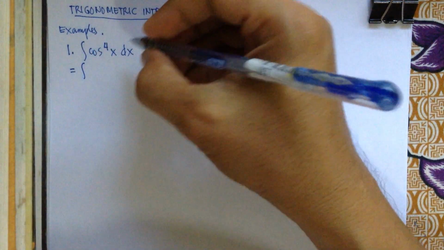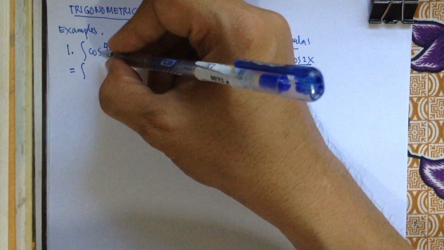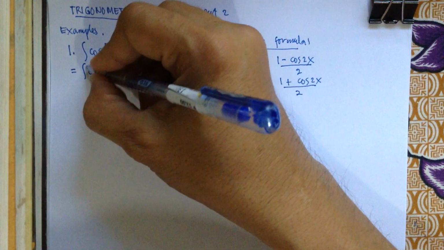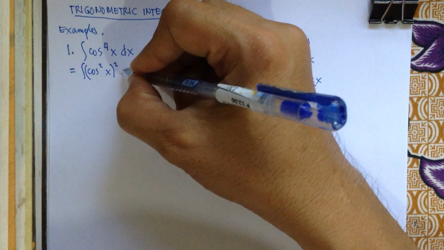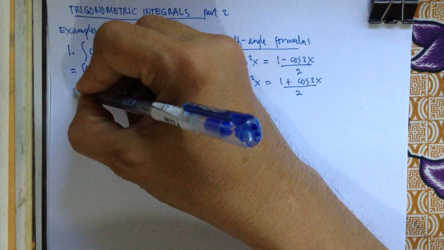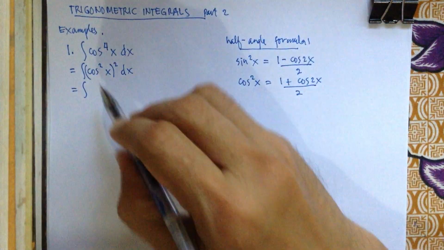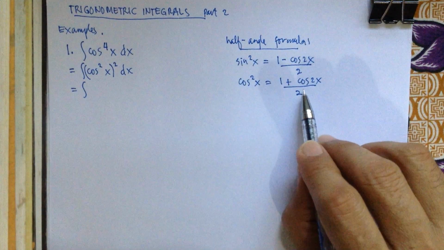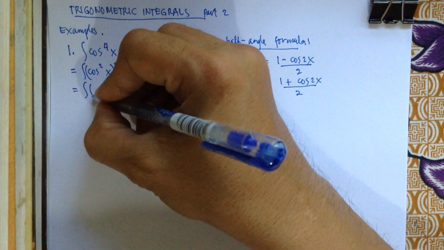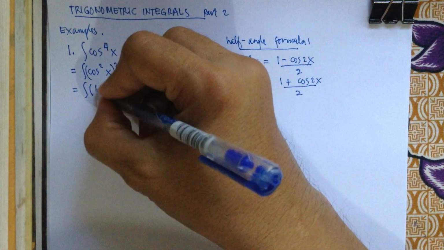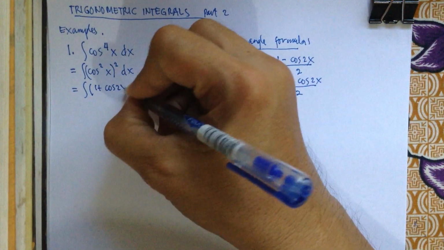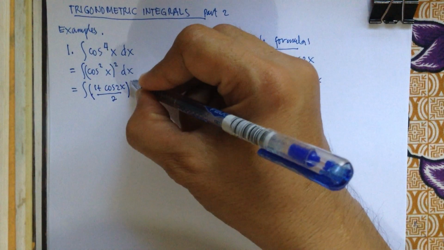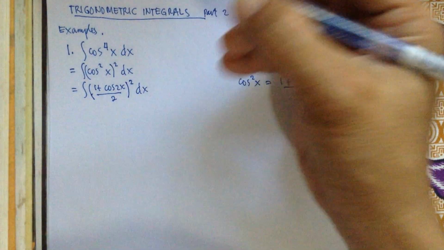First thing you do is of course express this as cosine squared x, or this squared, okay, dx. The purpose of that is, for this particular expression, we need to use our half angle formula, okay? So that we have 1 plus cosine 2x over 2 quantity squared, okay, dx.